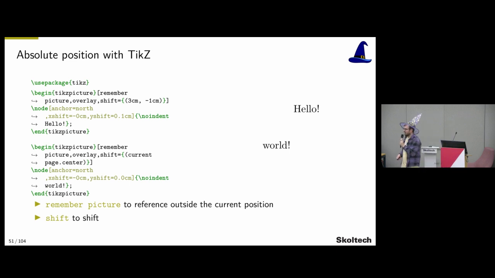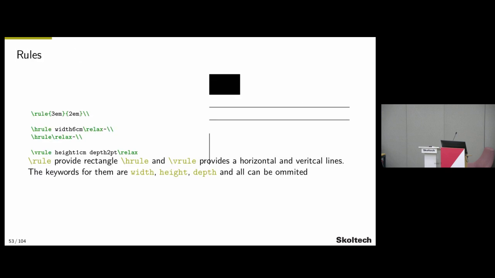Also, you can use TeX. In this slide, hello is in the upper left, upper right corner, and the word is in the center. All of this is done by TeX. You can use it and understand how it works.